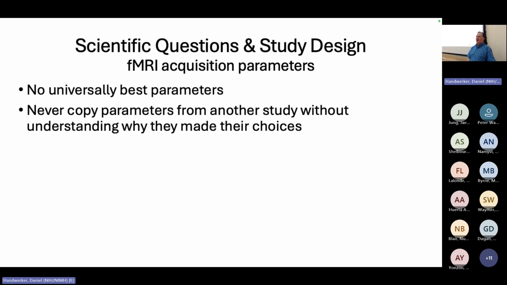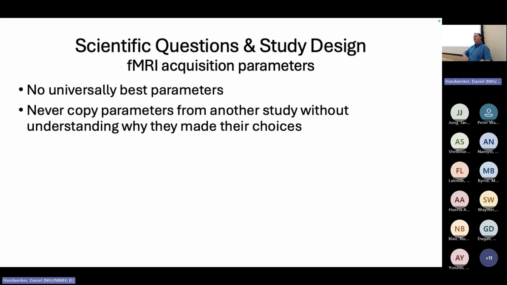Anyone who works on the service side of fMRI knows this: someone comes in and says, my data looks bad, what's wrong with it? And you look at it and you say, oh, the area you're interested in isn't visible on your scans. Where did you get those parameters from? And again, because I copied it from someone else.